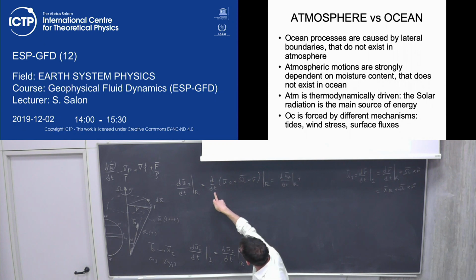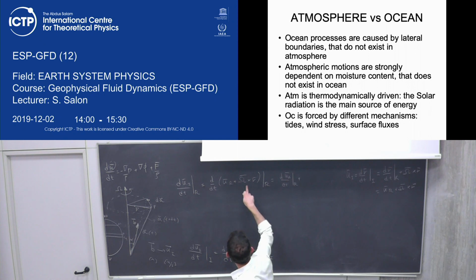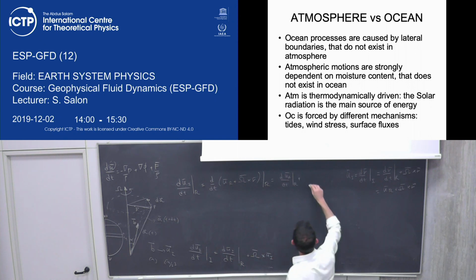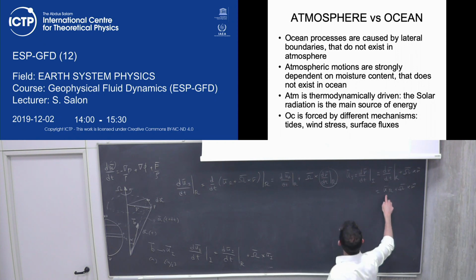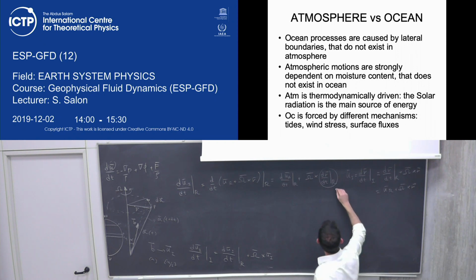When I take the time derivative of omega, omega is a constant, so it is 0. So I just have to take the time derivative of r, so it will be omega by dr dt in r. But what is dr dt in r? It is ur.